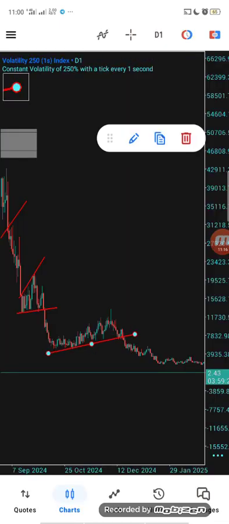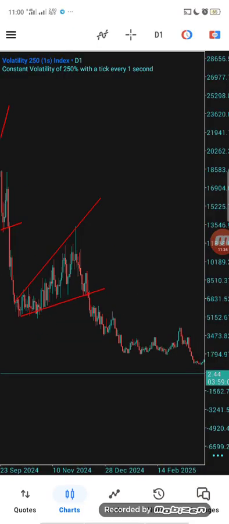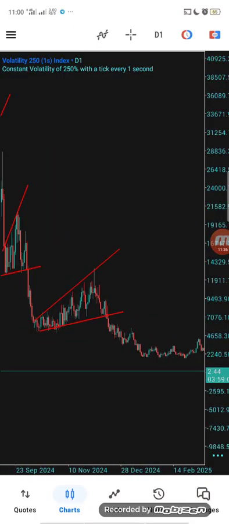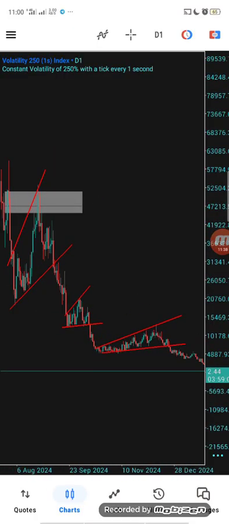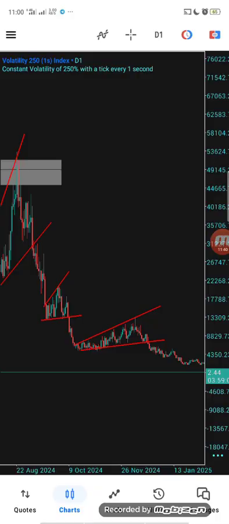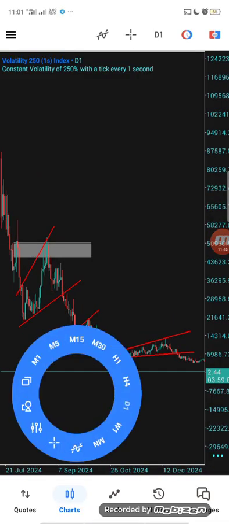Even in this one pair, you can just see the patterns and how many of them we've come across. Another one is this. You can see there are a lot of rising wedges that fall to the downside. The same applies here. What we did up there, we also do here.